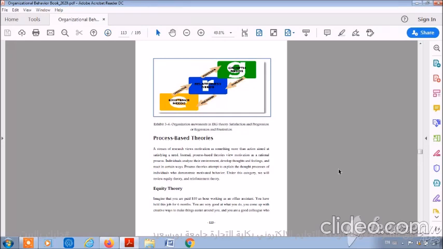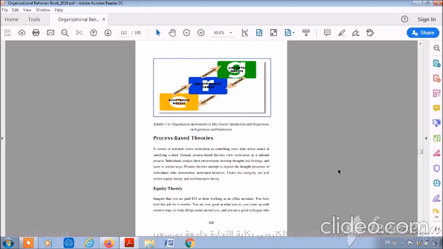Equity theory. Let me tell you this story in order to understand the equity theory. Imagine that you are paid $10 an hour working as an office assistant. You have held this job for 6 months.